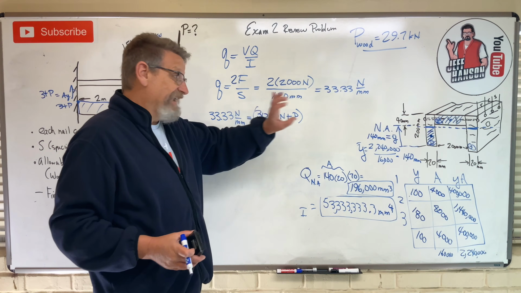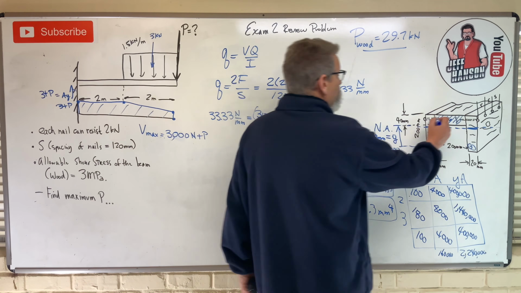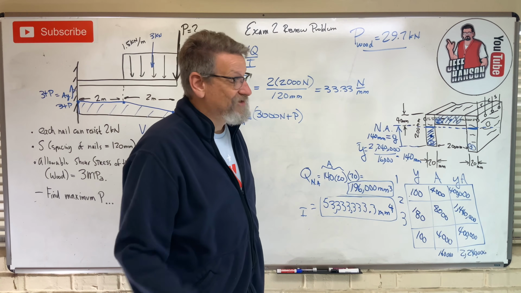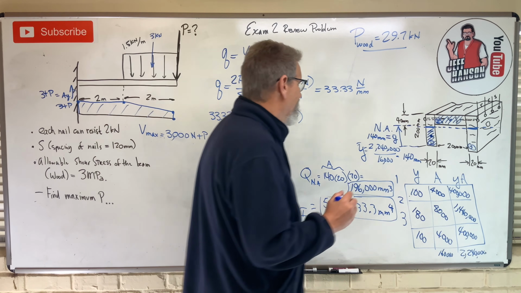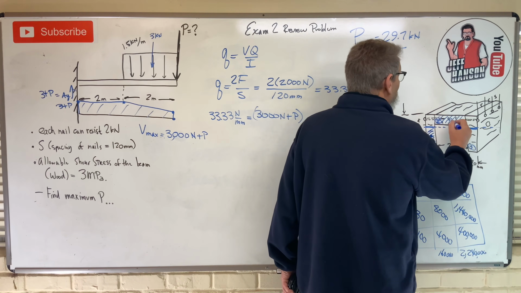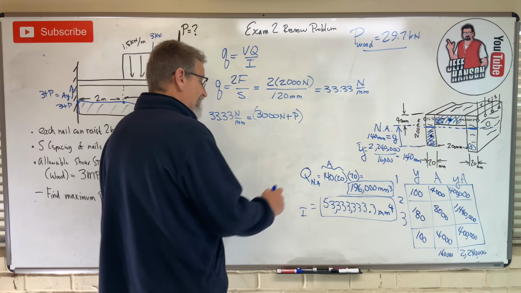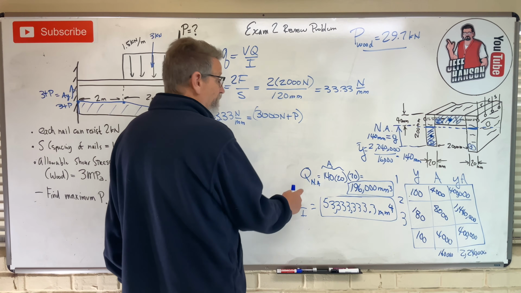But if I just want to tear away that board, I need Q of that area there, that board that I'm going to tear away. Totally different Q. Let's put a dot right in the middle of that area. Because that was Q neutral axis that we calculated before, this is a different Q.